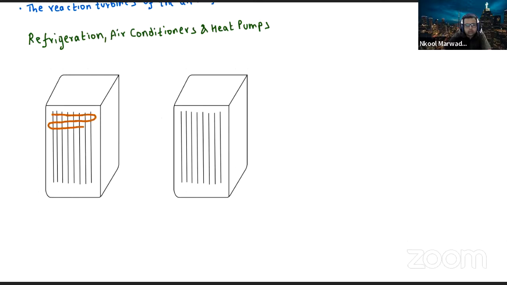This pipe we can see in the rear part of the fridge.